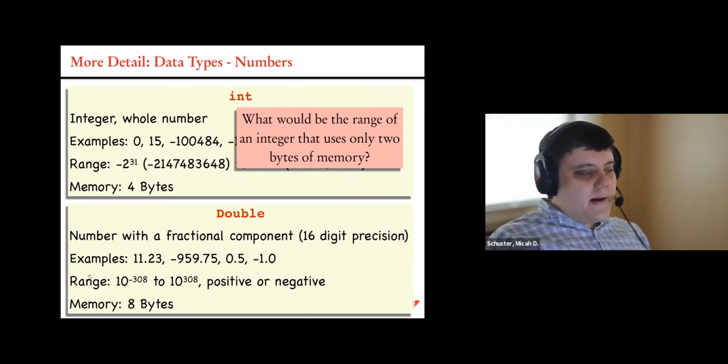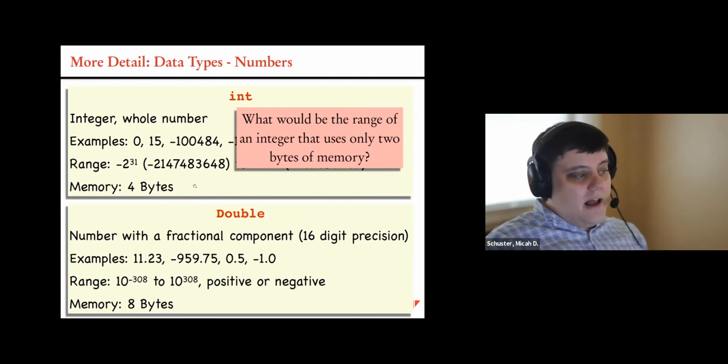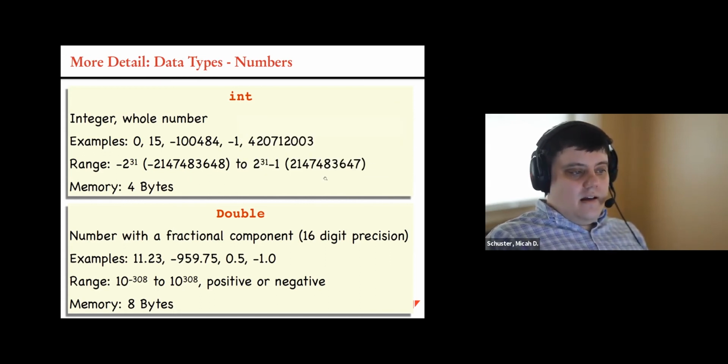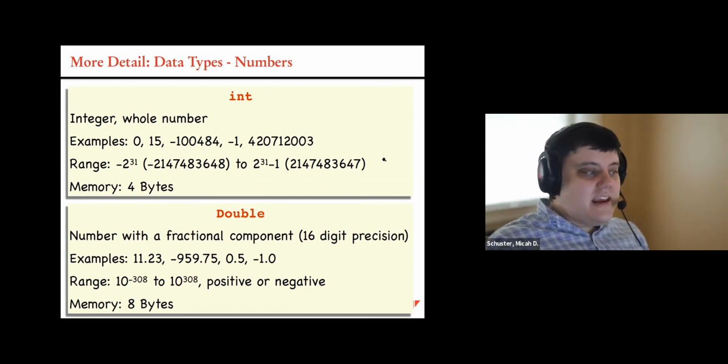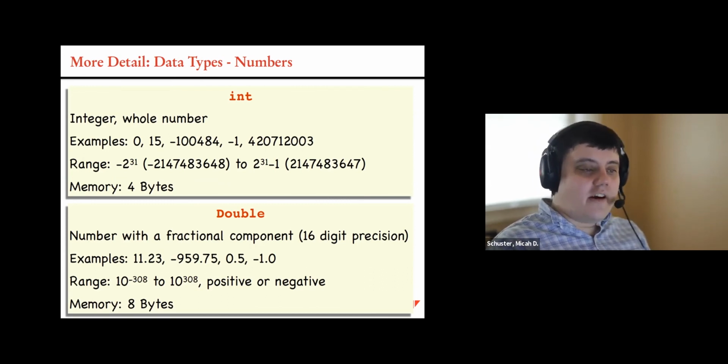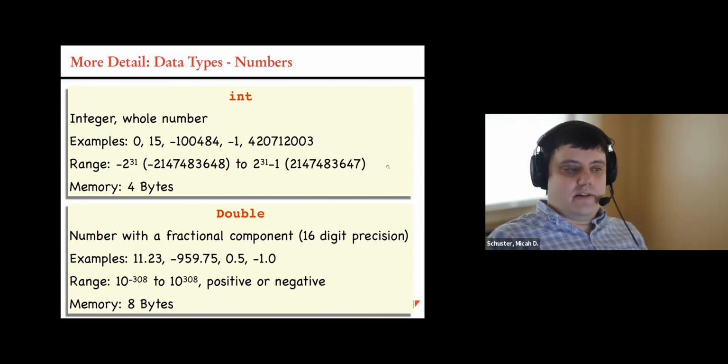So this might seem like, again, spending tons of time on this, whatever. But when it comes to thinking about the variables that you need, if I need a number that's greater than 2,147,000,000 and change, then I need to do something different. I can't use an int because this is the maximum value. So thinking about these types and their restrictions can be very important depending on what your program is meant to do.